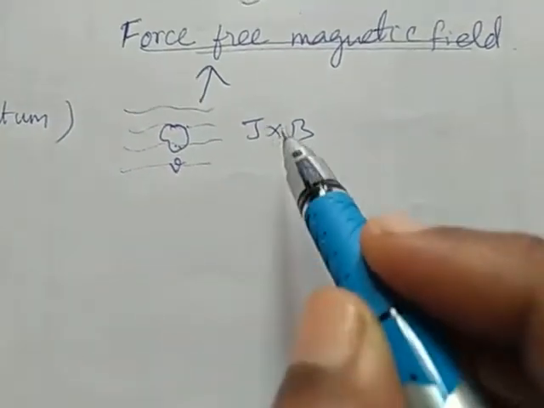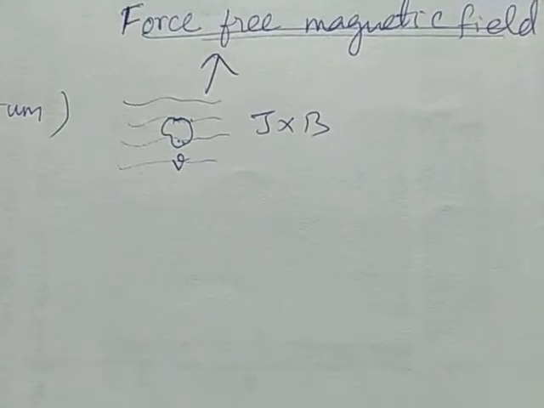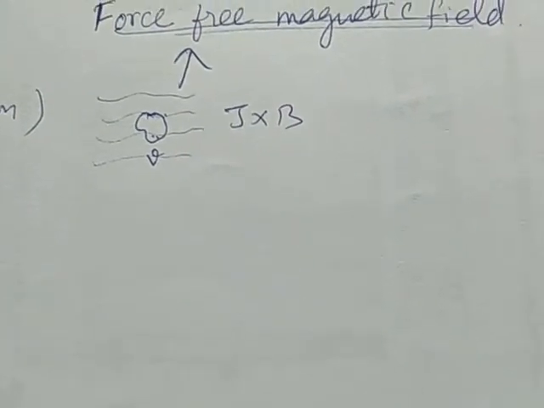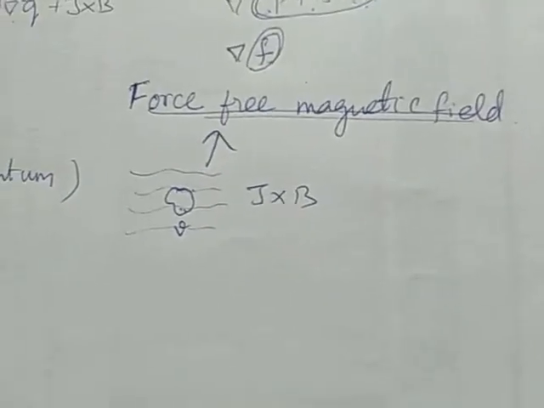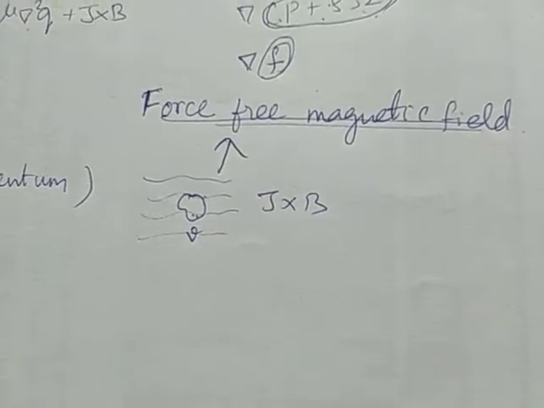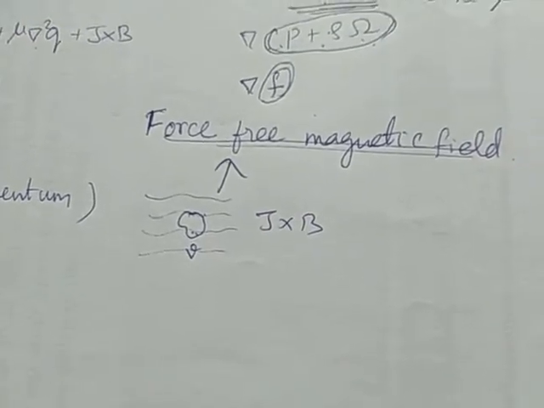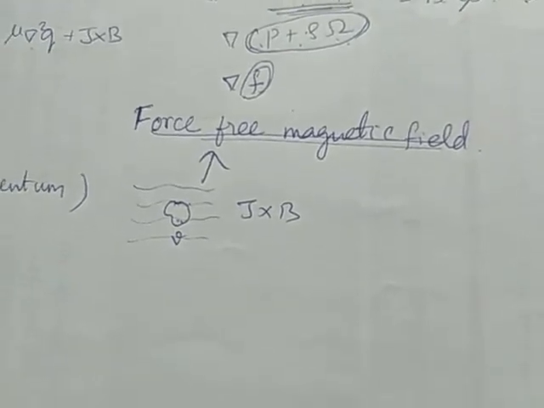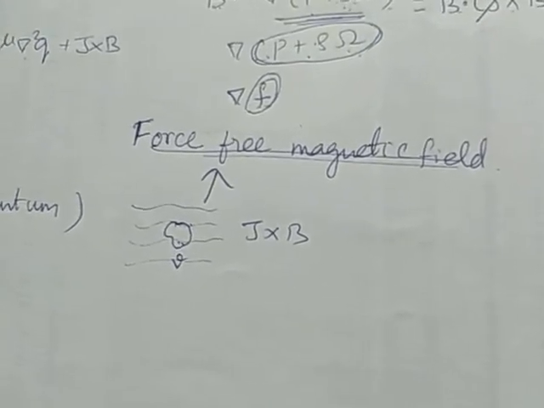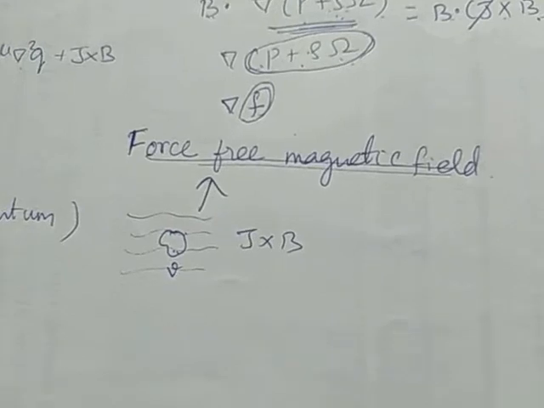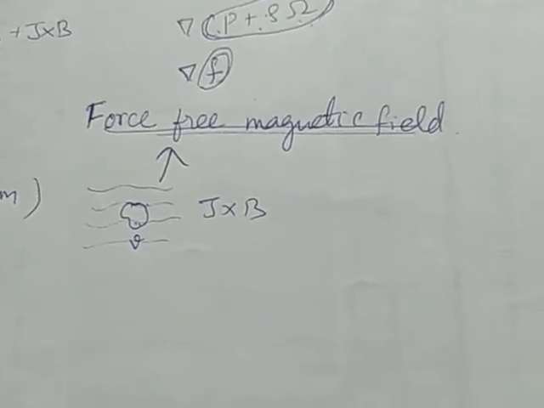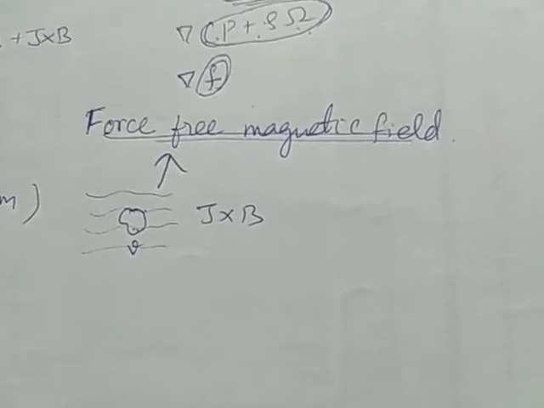So J cross B is the magnetic field force acting per unit volume of the electrically conducting fluid. If this force is 0 everywhere in the fluid, then the corresponding magnetic field is said to be a force-free magnetic field. Now we are going to study the basic equations for the force-free magnetic field.